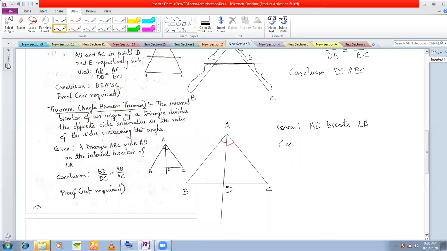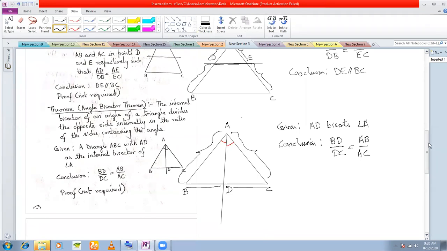Then you can conclude from the angle bisector theorem that the ratio of these two sides, let's say BD and DC, BD by DC must be equal to the ratio of this side AB by this side AC.